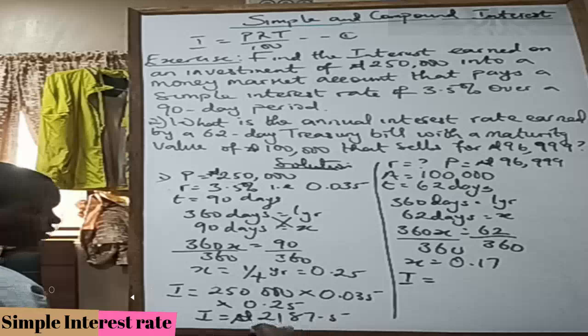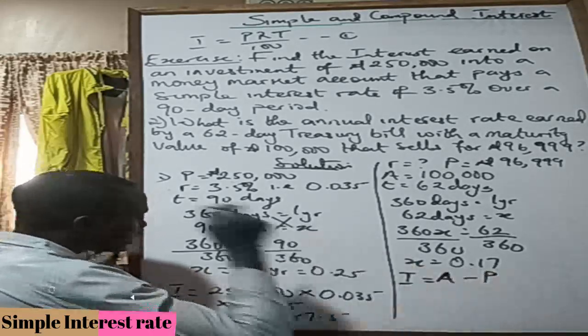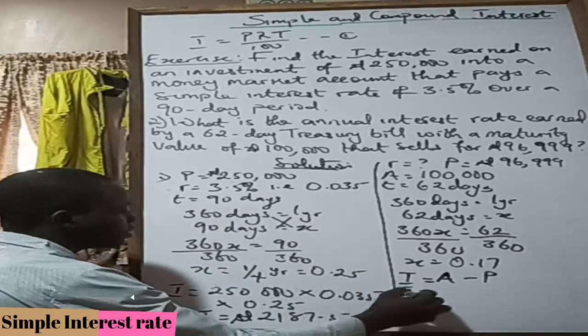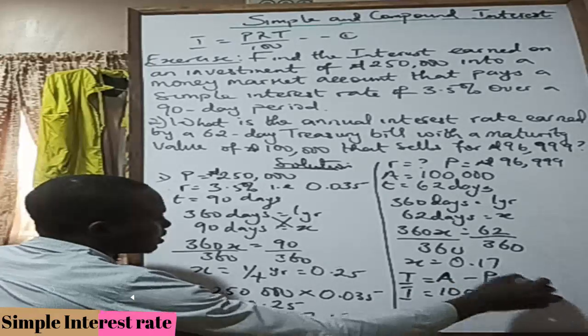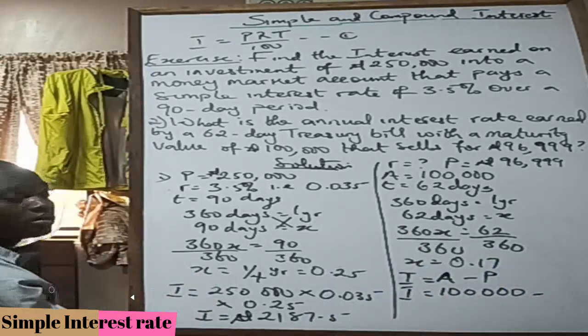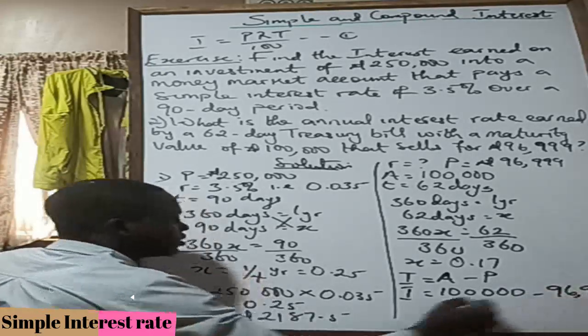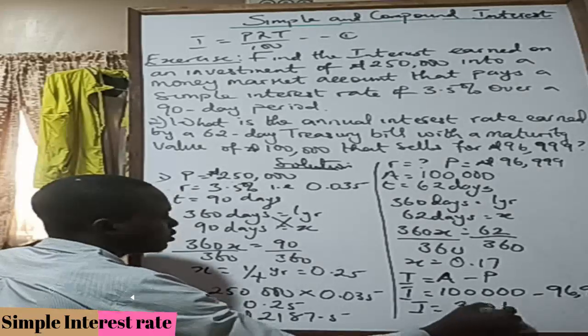We need to get the interest. The interest is basically A minus P. Remember that A equals P plus I. So the interest from here is the 100,000 that was earned by the end of the investment, minus 96,999. So the interest is 3,001.